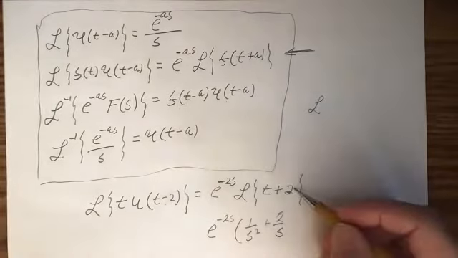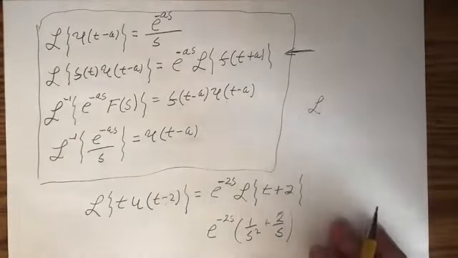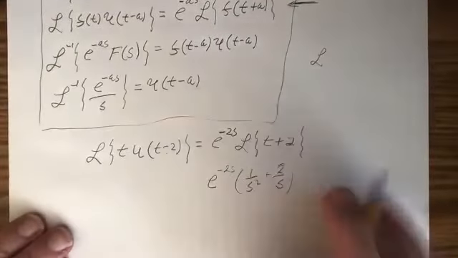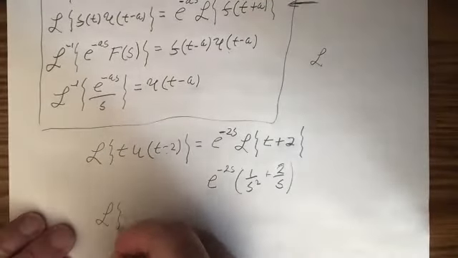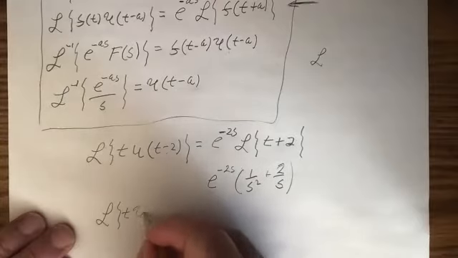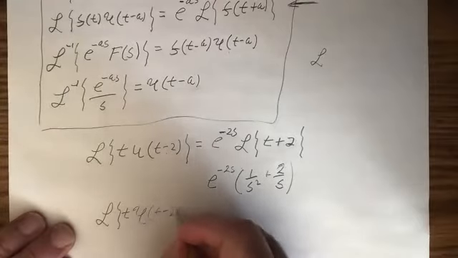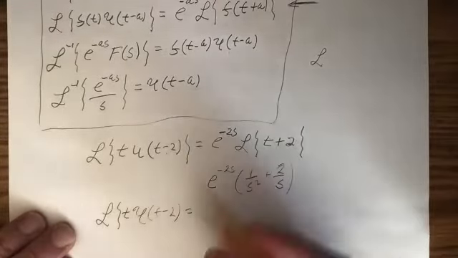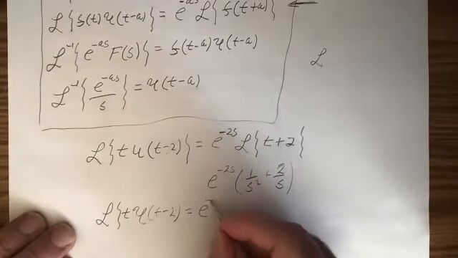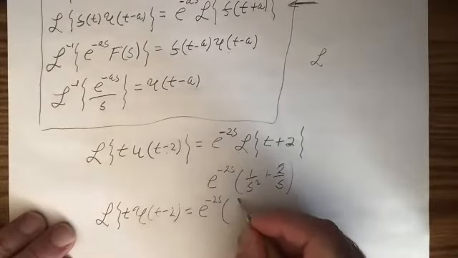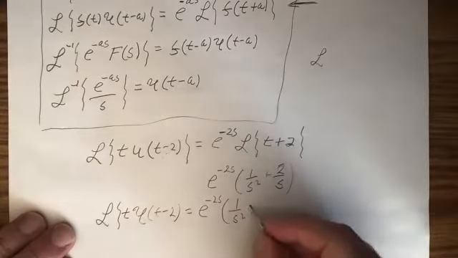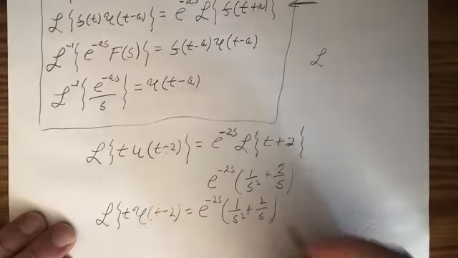Remember, the Laplace transform of 1 is 1 over s. So the Laplace transform of t times the unit step function is equal to, in this case, e to the minus 2s times 1 over s squared plus 2 over s.